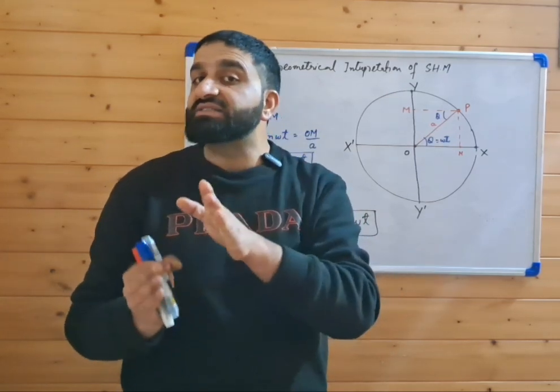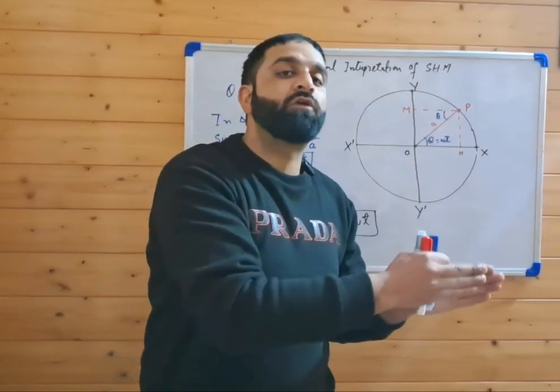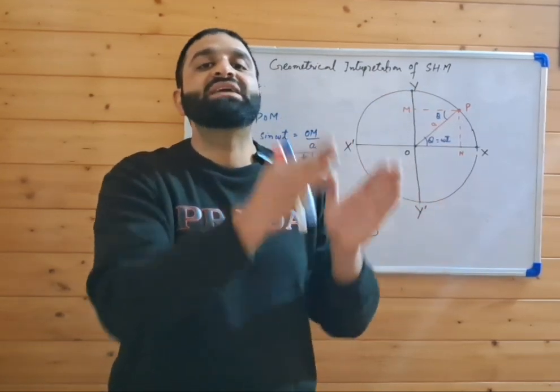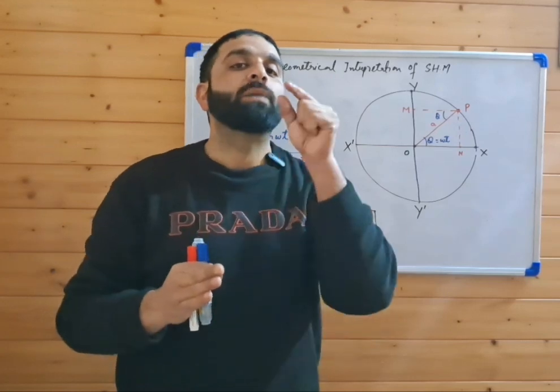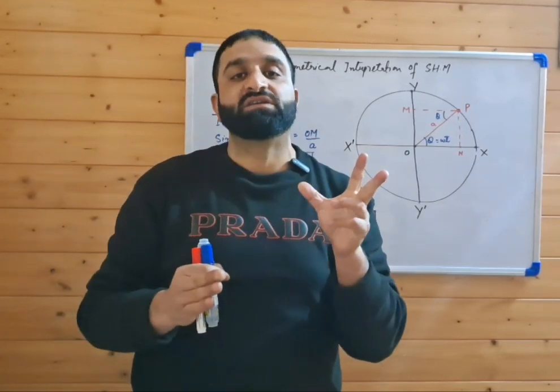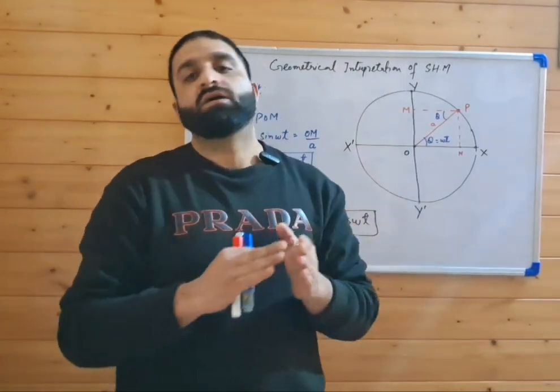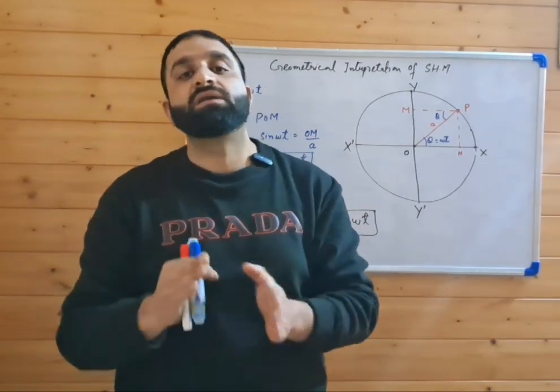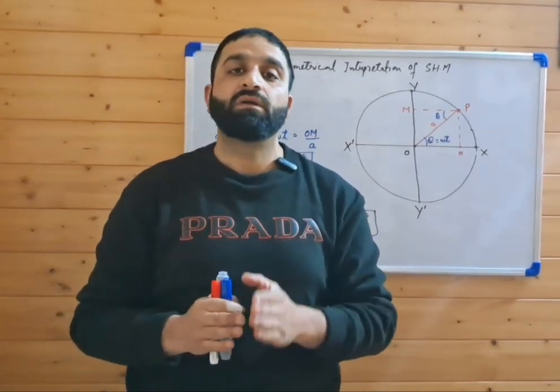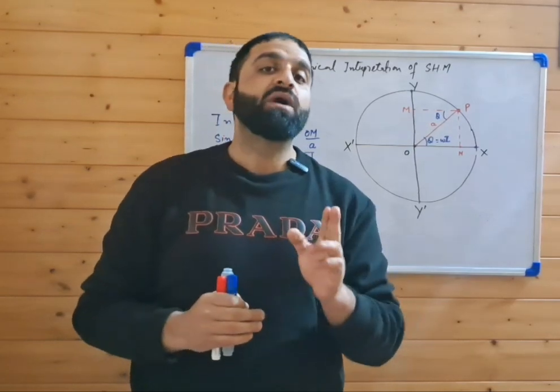The particle itself is having uniform circular motion, but the projection of the particle on either of the diameters, whether horizontal or vertical, executes simple harmonic motion. This is the geometrical interpretation of simple harmonic motion.